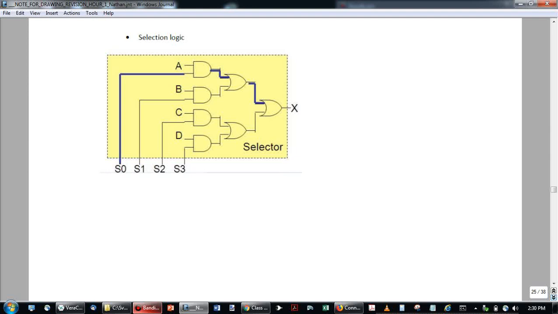In this case, you can only turn on one of them at a time through the S0, S1, S2, S3 input. On the right, you'll see there are some OR gates, and for our purposes, we can think of OR gates as combiners. They allow things to flow through. So the AND gates block the signal unless it's the one you want, and the OR gates combine it back together so you have one output at the end.